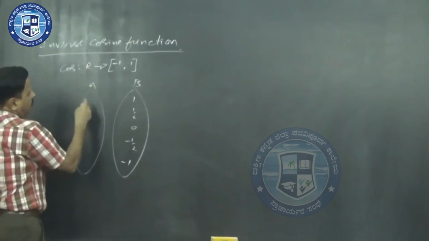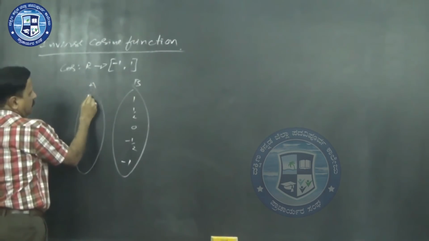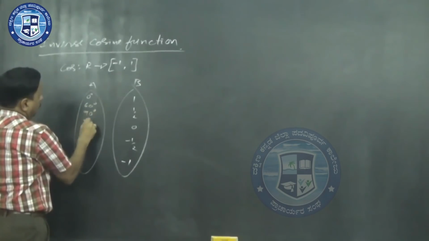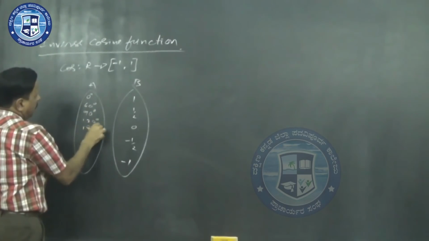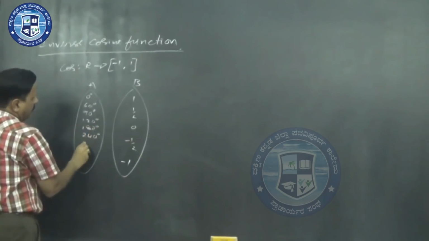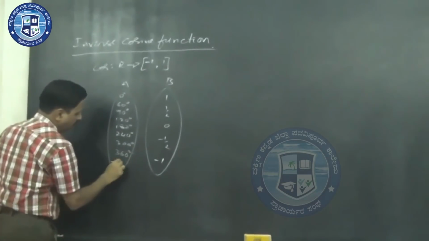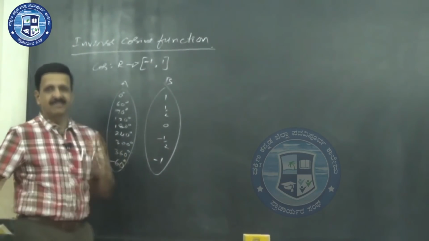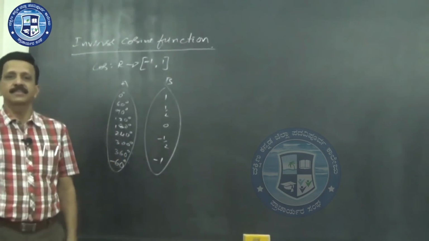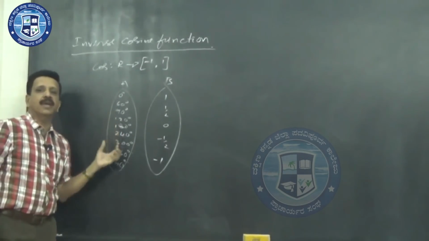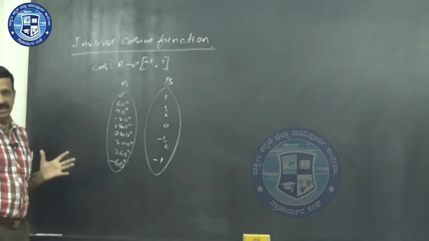And set A is all real numbers. Any angle, say 0 degree, 60 degree, 90 degree, 120 degree, 180 degree, 240 degree, 300 degree, 360 degree, and say you take -60 as well. You have all the angles, all representative angles from all 4 quadrants.